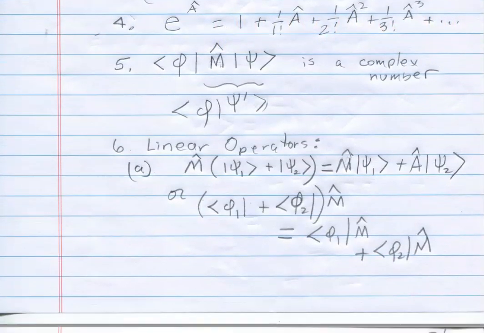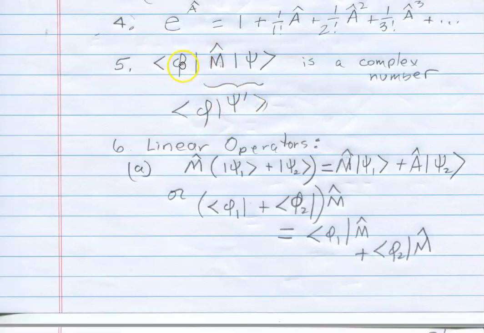Should go without saying that lots of times we sandwich operators in between two quantum state functions. And pretty obviously, this operator just produces a psi prime, and this bracket for any two operators is in general a complex number.